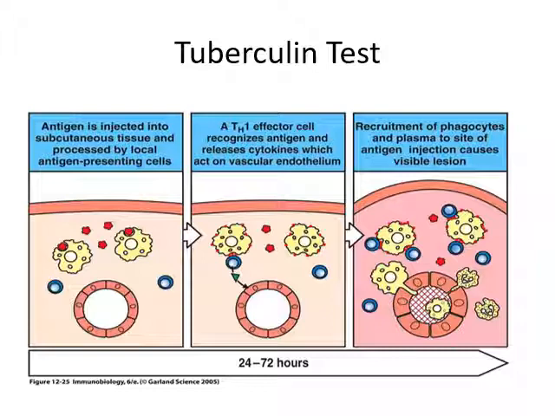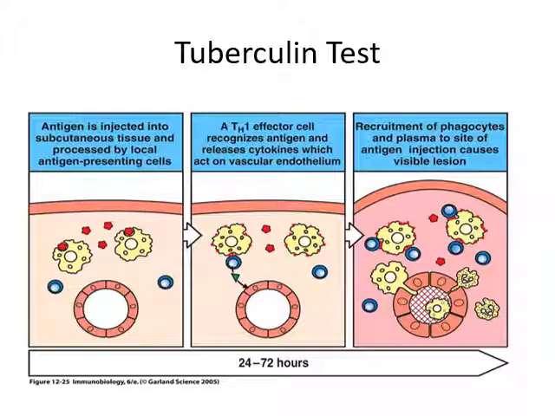Over here, an antigen taken from Mycobacterium tuberculosis, purified protein derivative, is injected into the tissue. Now it will be processed by antigen presenting cells. There are already Th1 effector cells present because of this latent infection.